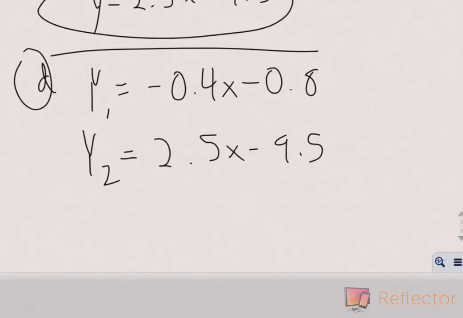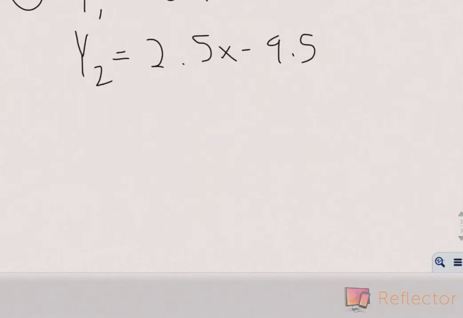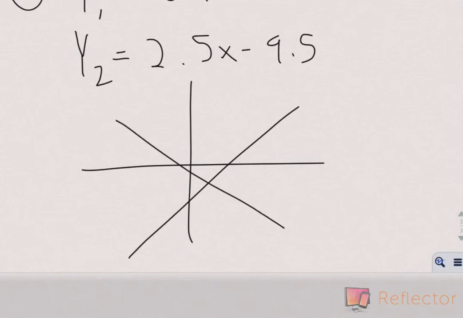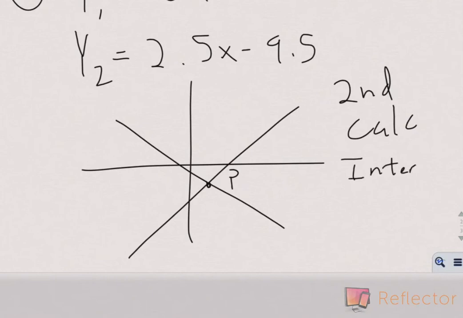We put those both in the calculator, and you will get a pair of lines that looks something like this. And this is point P, the point of intersection. And if you're using your graphic calculator, second calc intersection, you will find that the point P of intersection is at 3, negative 2.